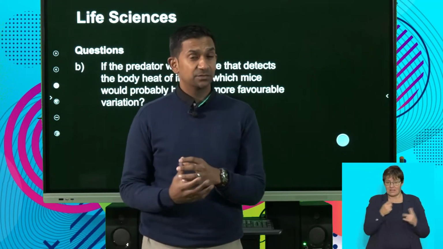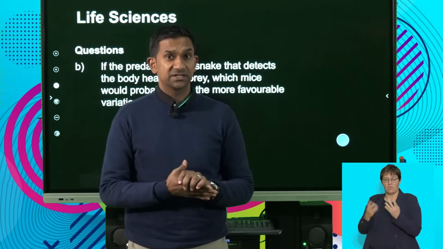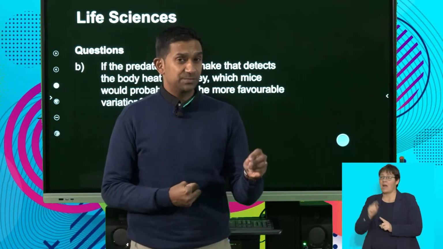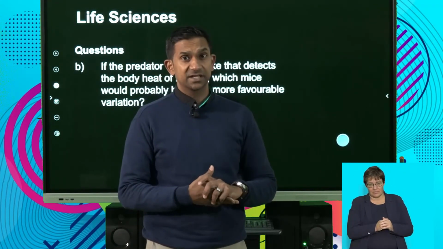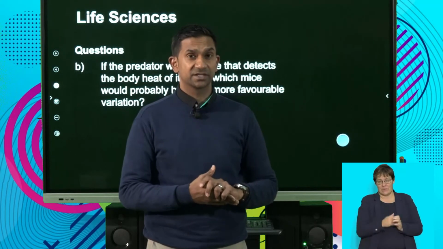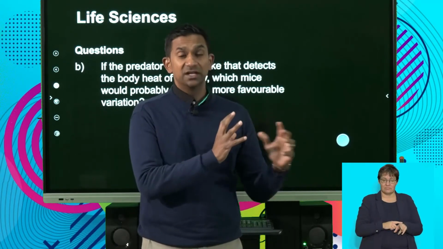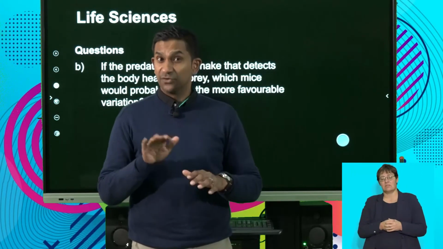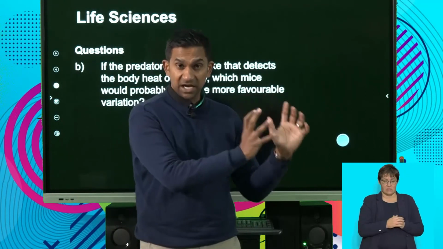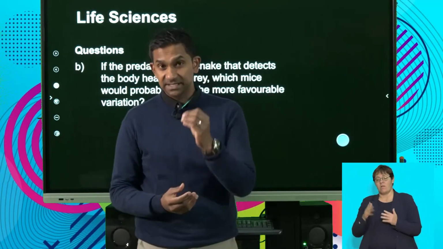Unlike the light-colored mice, fewer of those individuals survive. If they do reproduce, they produce offspring with that same unfavorable characteristic. Hence, over a period of time, the distribution in the numbers of dark-colored mice and light-colored mice would radically change, the dark-colored becoming significantly more and the light-colored significantly less.